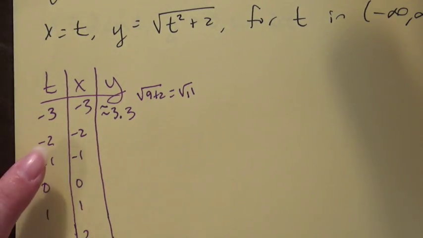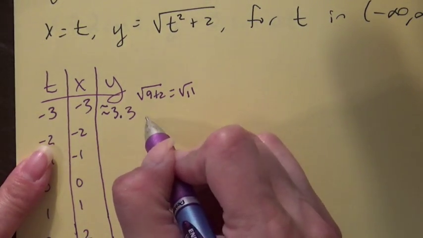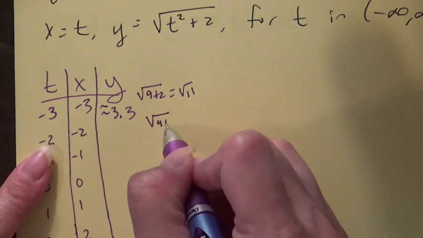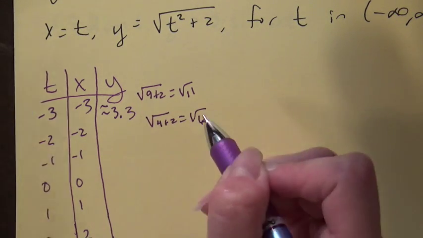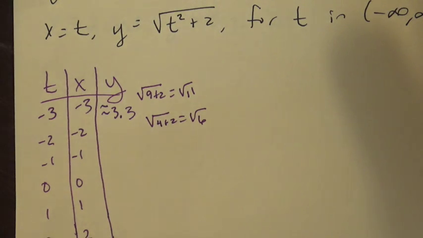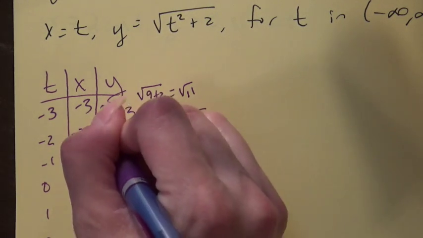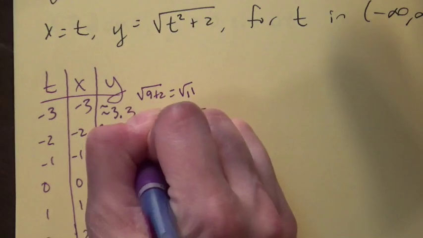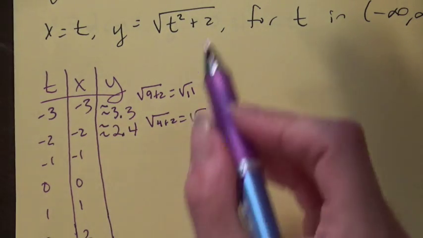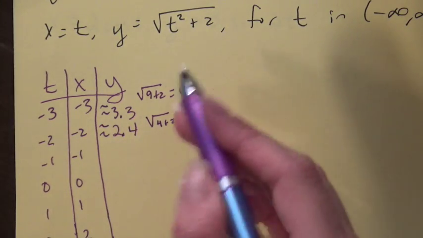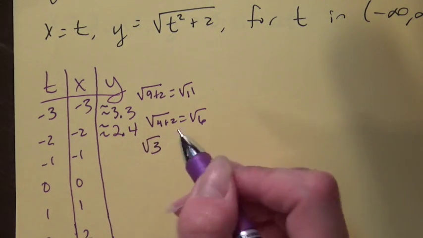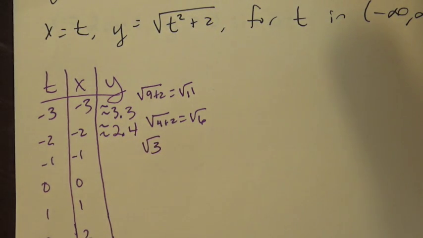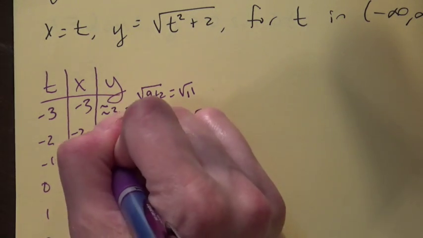Okay. If I put in -2, I've got the square root of 4 plus 2, so square root of 6. And that gives me an approximate value of 2.4. Putting in a -1 is going to give me square root of 3, and square root of 3 is 1.7.